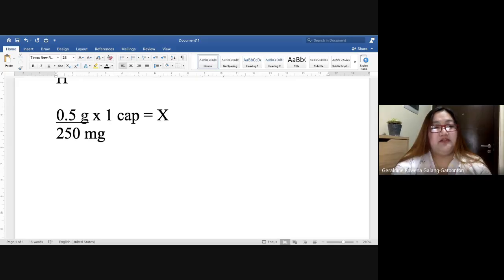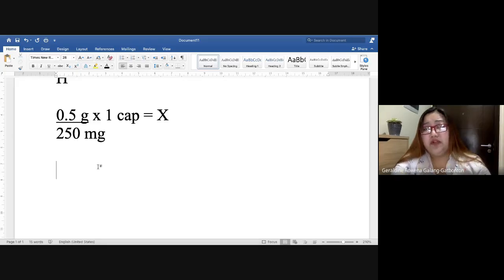Now, of course, you have to know your mathematics. You cannot divide gram to milligram. So you simply convert the bigger to the smaller. Kaya yung gram, i-convert natin siya into milligrams. 1,000 milligram is equal to 1 gram.